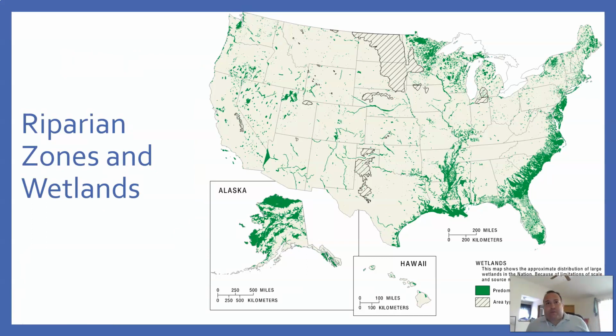Another place that we'll see water in terms of a watershed is riparian zones and wetlands. So this map right here on the right is a map of the U.S., and the green areas are all areas that are predominantly wetland.